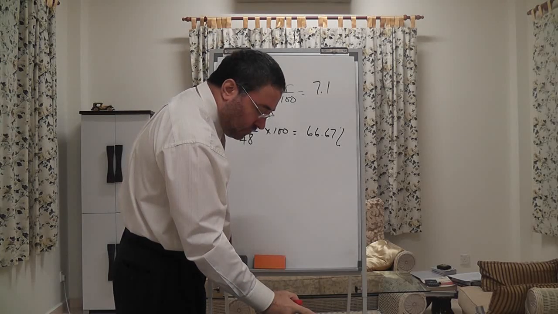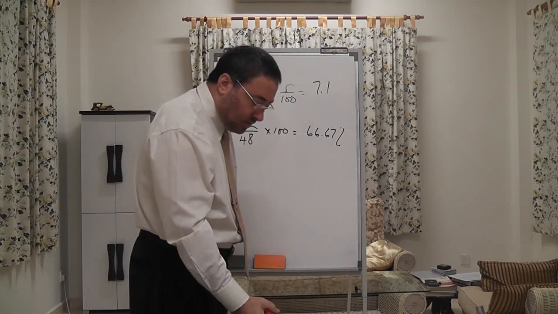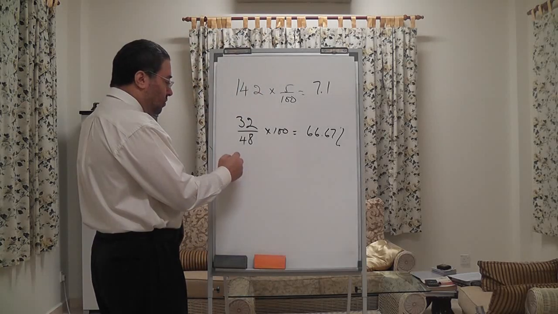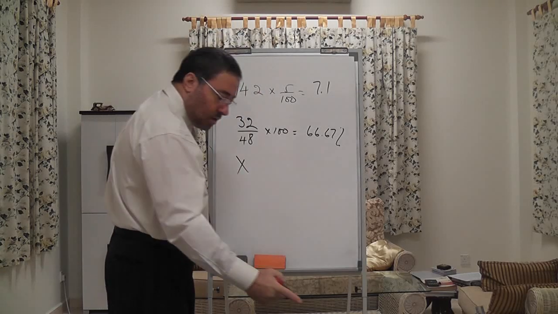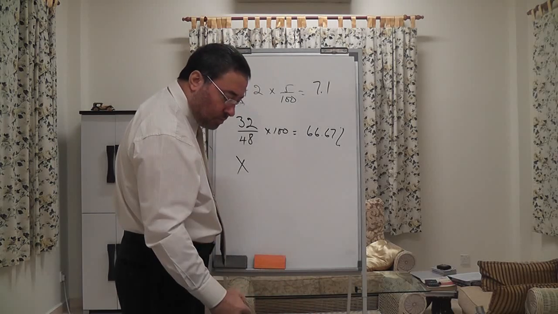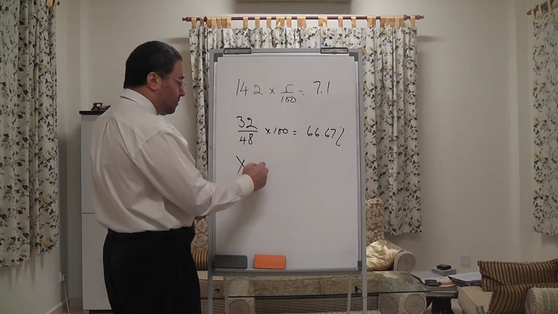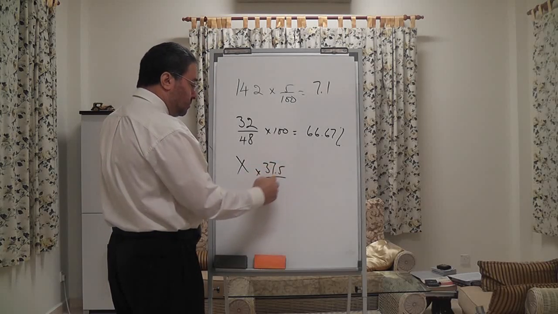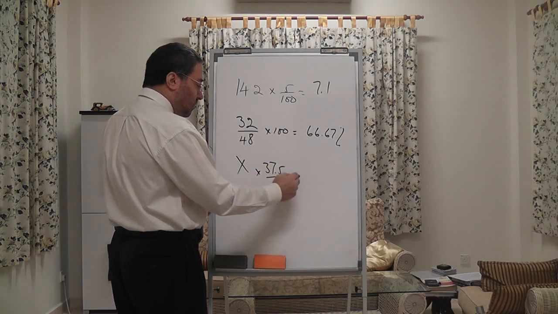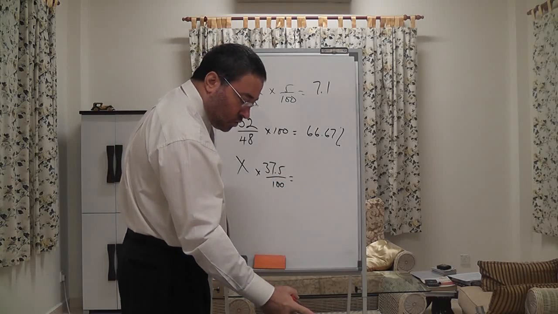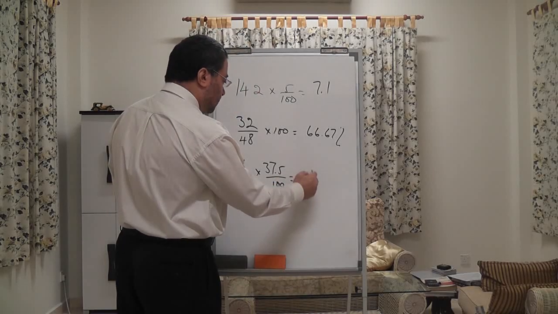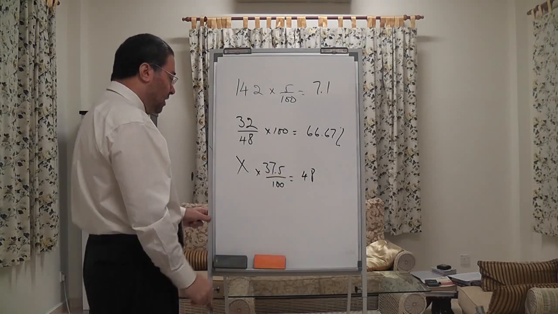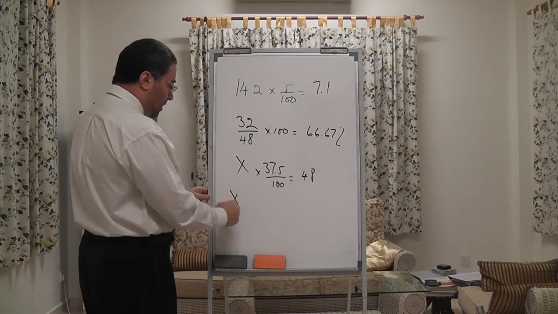Number 12, 48 is 37.5% of what number? Here the number is unknown, and 37.5% of that number equals 48. So x times 37.5%, and that's equal to 48. The percentage times the number equals 48.